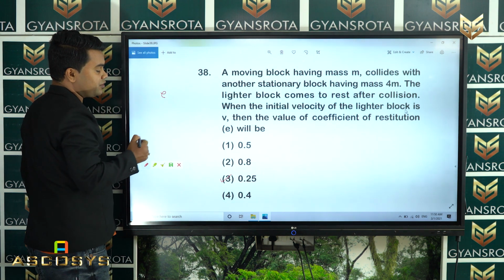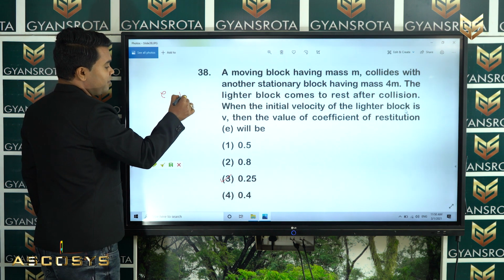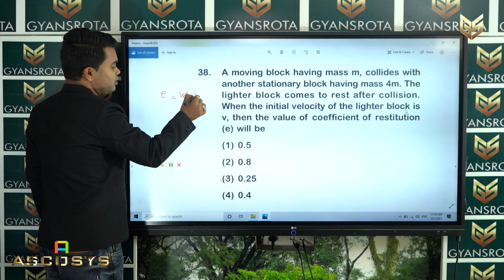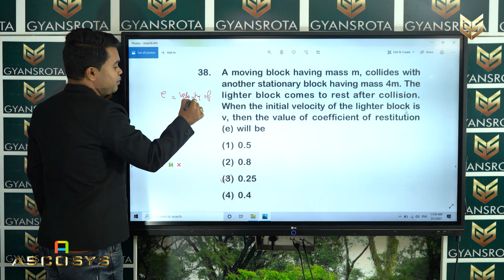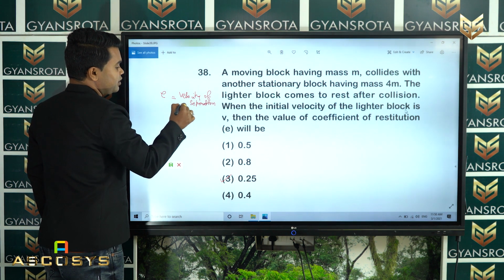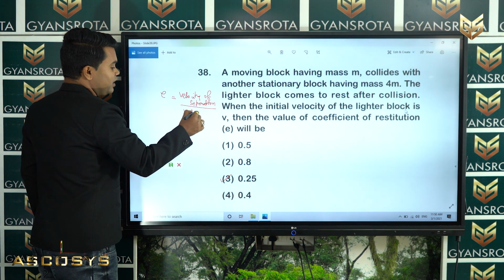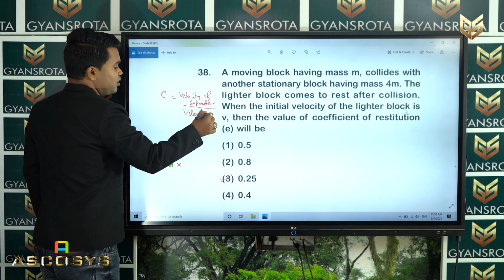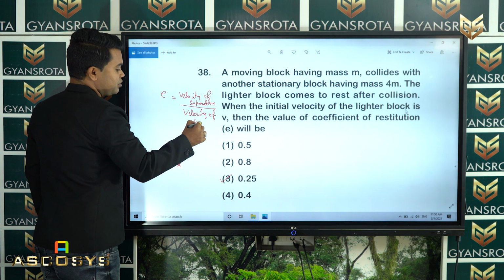E, your coefficient of restitution, is equal to velocity of separation divided by velocity of approach.